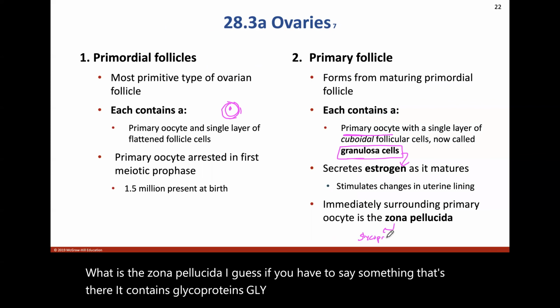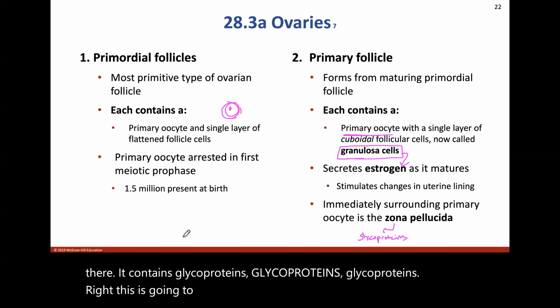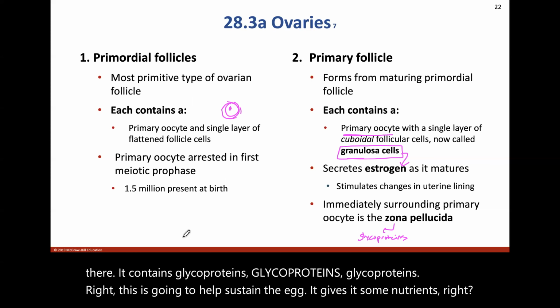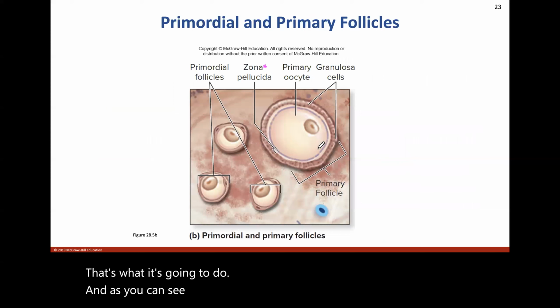This is going to help sustain the egg. It gives it some nutrients, right? That's what it's going to do. And as you can see, it's just a very thin layer.